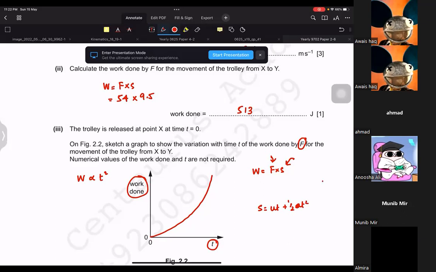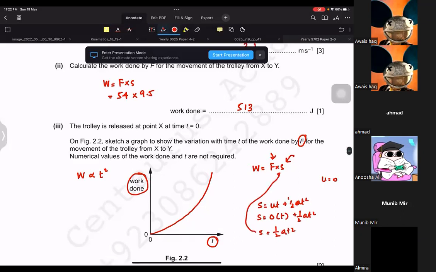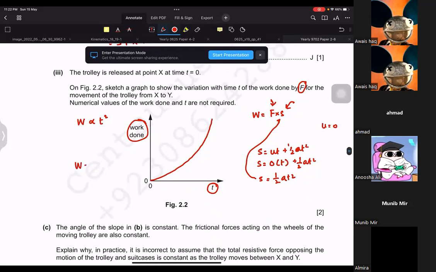Initial velocity was 0, so s equals 0 times time plus half at squared. a is also constant, we just found it's 0.5. So s equals half at squared. Then I plugged it back into this equation and got that work done is force times half times a times t squared. Now this is constant, this is constant, this is constant. So work is proportional to t squared. Do you understand? Yeah, but I would have never thought about that in the exam.